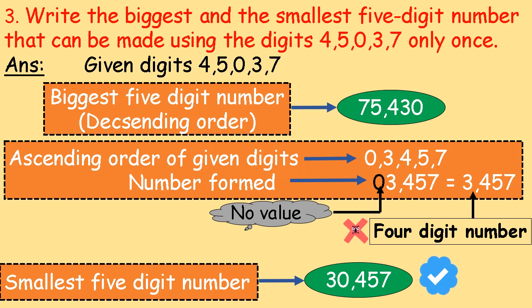But we have to make a smallest 5-digit number. Therefore, we write next smallest number, that is 3 in the extreme left place. Then we write 0, 4, 5 and 7. In this way, we got smallest 5-digit number as 30,457.